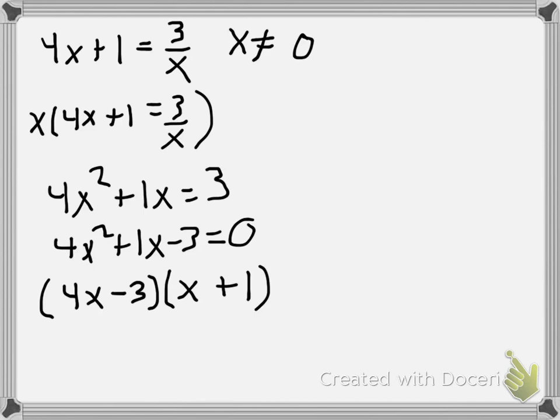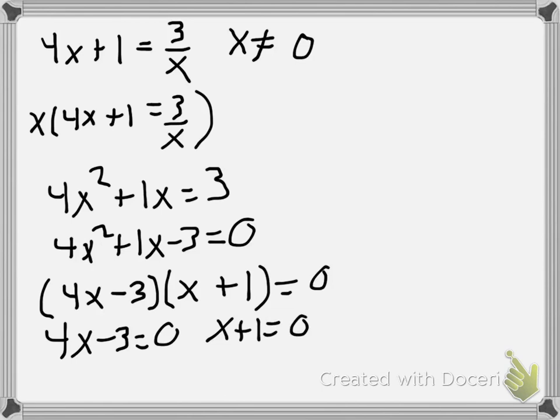Okay, so I get 4x minus 3 equals 0, x plus 1 equals 0. So then I end up with x equals 3 over 4, x equals negative 1. Both of those are fine according to my restrictions.